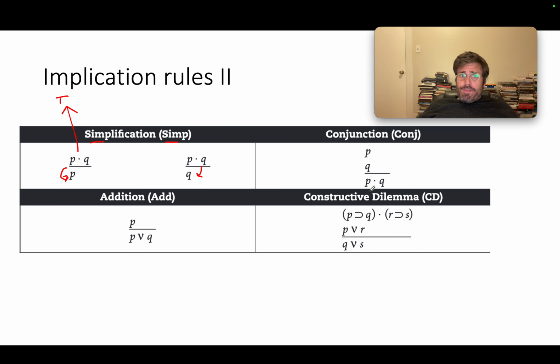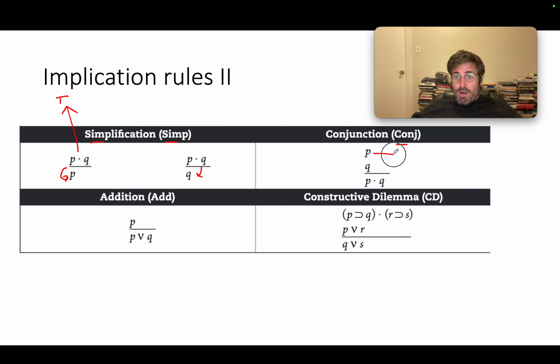Okay, so the next rule in the second set of implication rules is known as conjunction, or just simply conj. And conj is the flip side of simplification. Whereas simplification was ripping apart, conjunction is conjoining, it is building together. So for any premises P, Q, we can conjoin them in an inferential way, right?